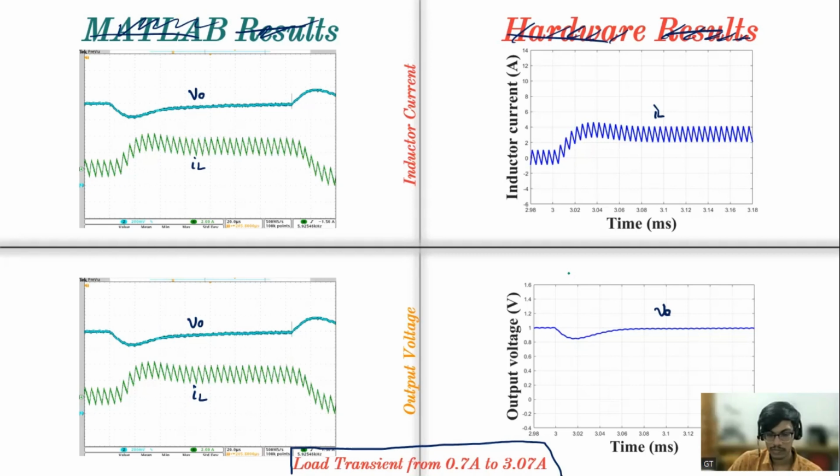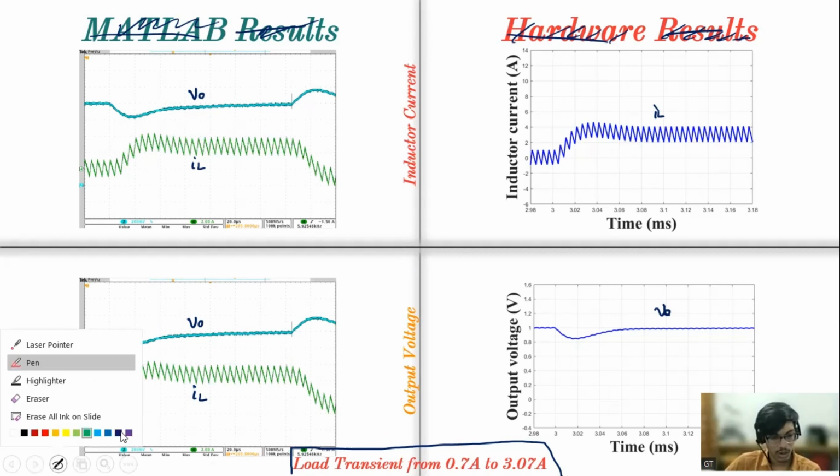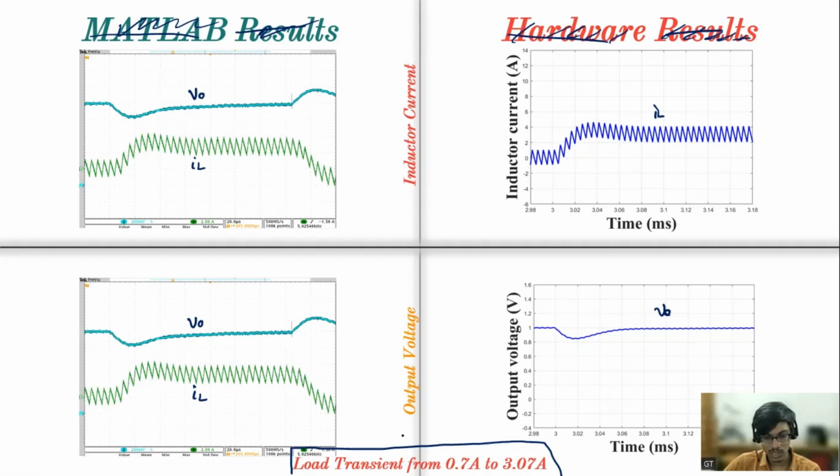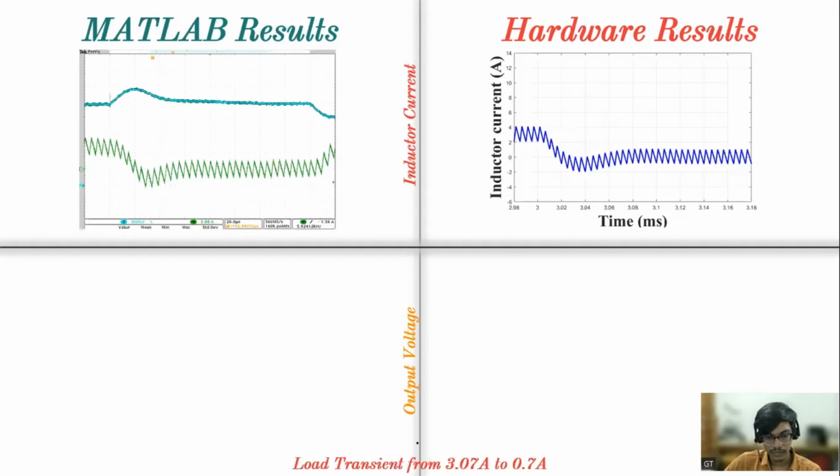So my aim is that the simulation we had made should be sufficient to get a close idea about the hardware. We'll consider 4 such case studies: load step up, load step down, reference step up, and reference step down.